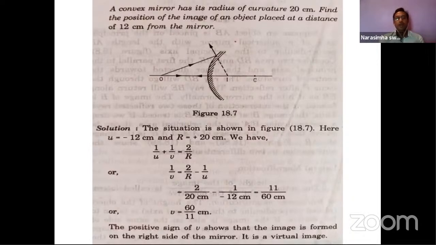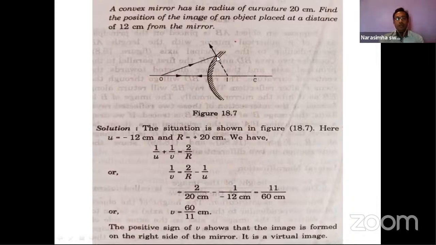One ray is passing through the principal axis, and the other is drawn just at the surface, and as it is a divergent mirror, the reflected ray will be divergent like this, in this direction. This ray which is parallel to the principal axis is incident here and reflects, and this other ray is also incident and reflected.